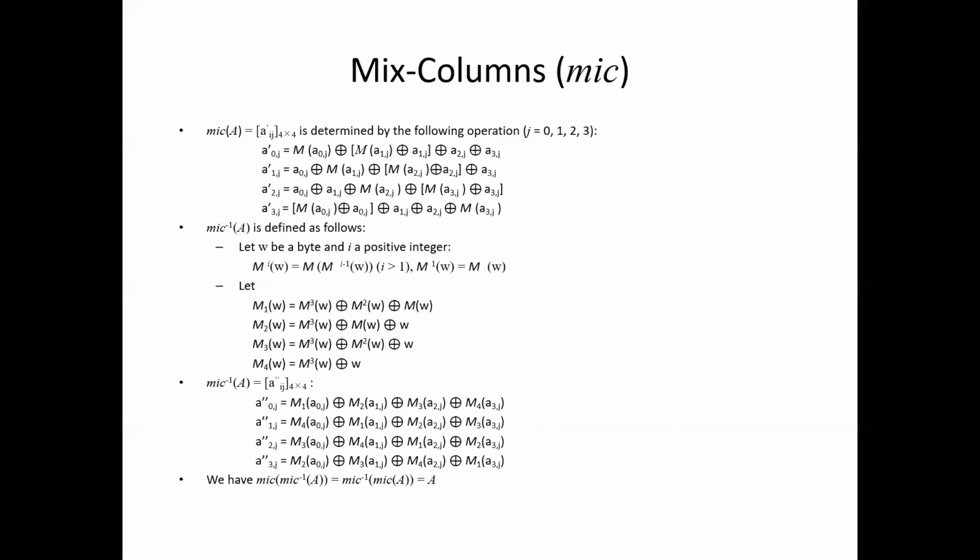This is for the first row, second row, third and fourth row. So this is how you do it, where j is from 0 to 3. All right, and the inverse, which is obviously a nonlinear operation. So the inverse, you have to say, is an n cube. Don't worry about the math here, we just take it as granted.